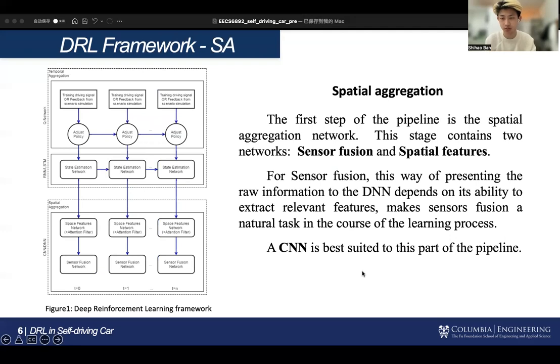For sensor fusion, this way of presenting the raw information to the DNN depends on its ability to extract relevant features, making sensor fusion a network task in the course of the learning process. So the result is that the CNN is best suited to this part of the pipeline.